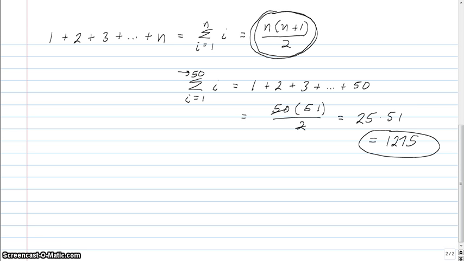So of course that's a little bit easier using this form for the sum, and that's a very common formula that you see used in math and computer science.